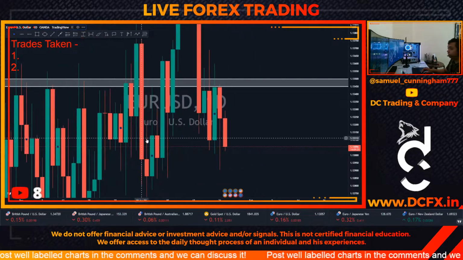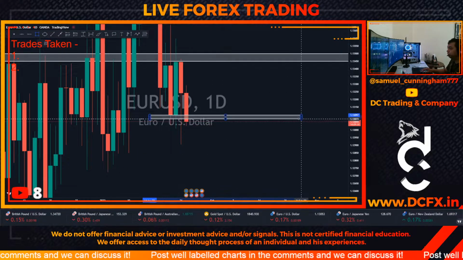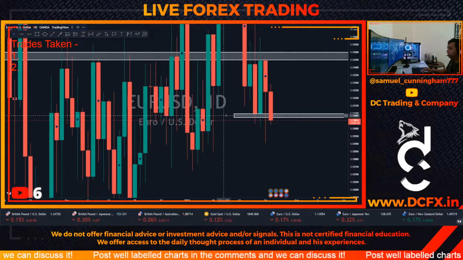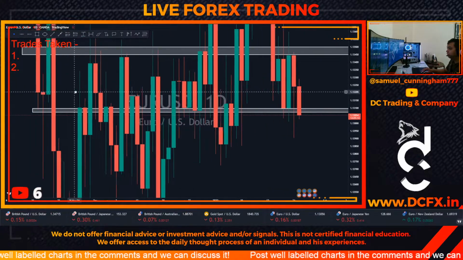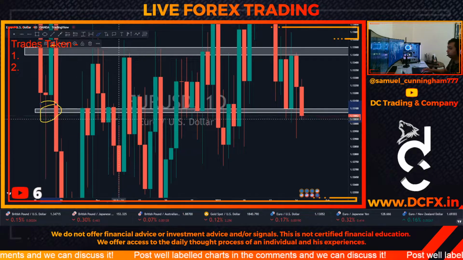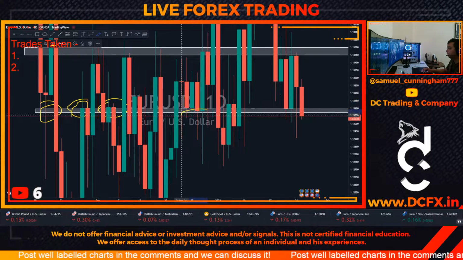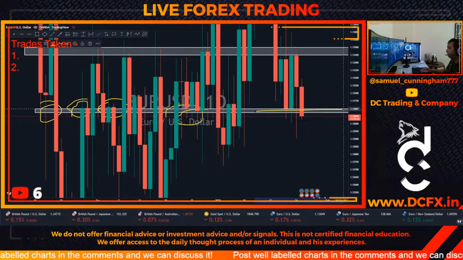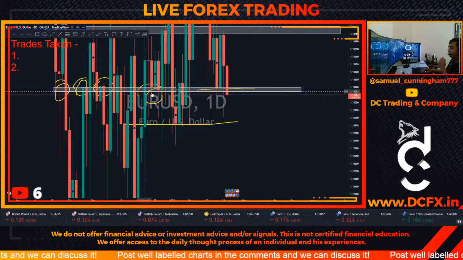Let's look at the nearest price action. On the daily, we formed a support right over here. Let's see whether this support lines up with anything else. What does this support form up with? This, this, this, and now we're breaking it. So what has happened every time we've crossed this region?